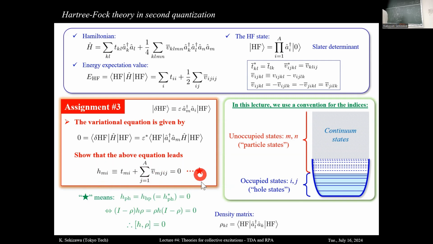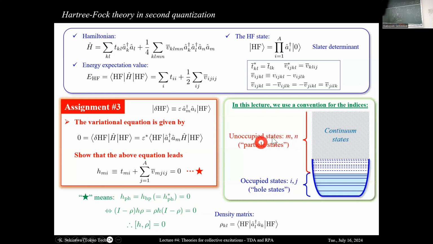But this result of variation indicates that the H_mi components, where m indicates the unoccupied states, m and n. In the following, I will use the indices m, n for the unoccupied states and i, j for the occupied states.